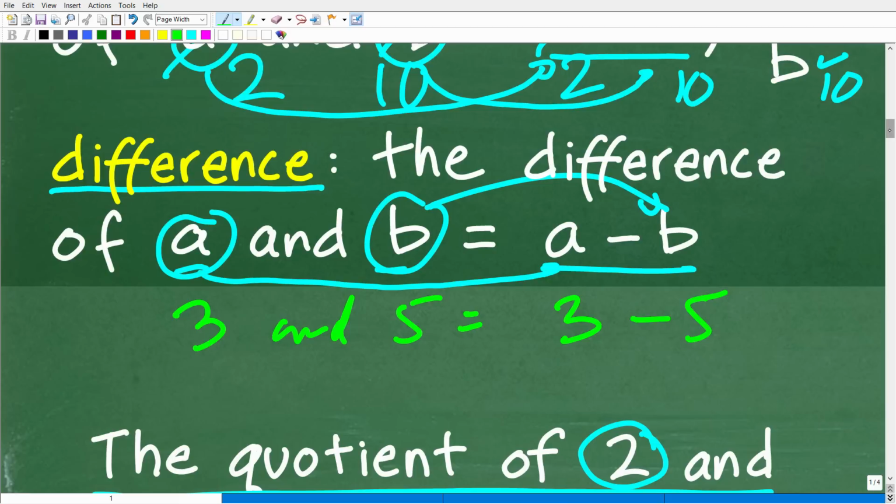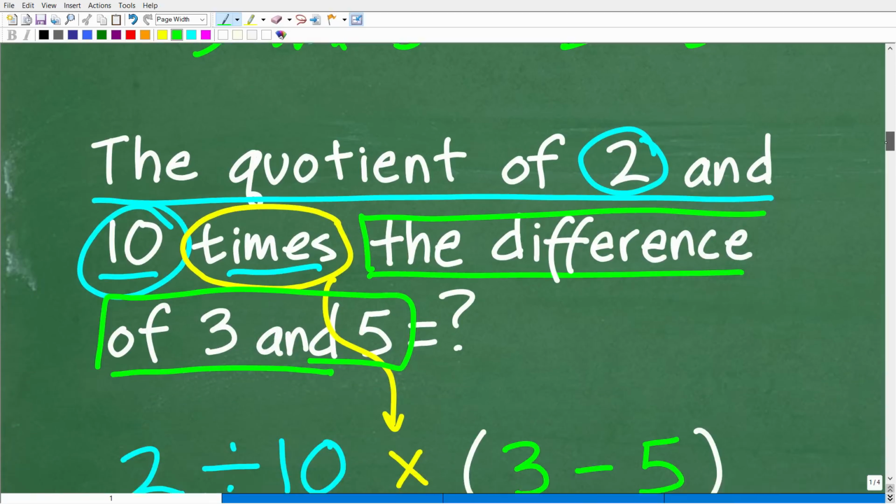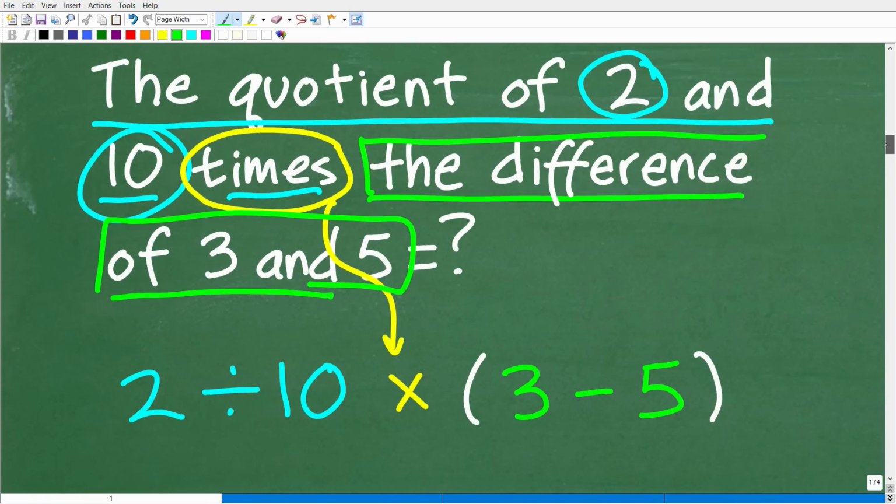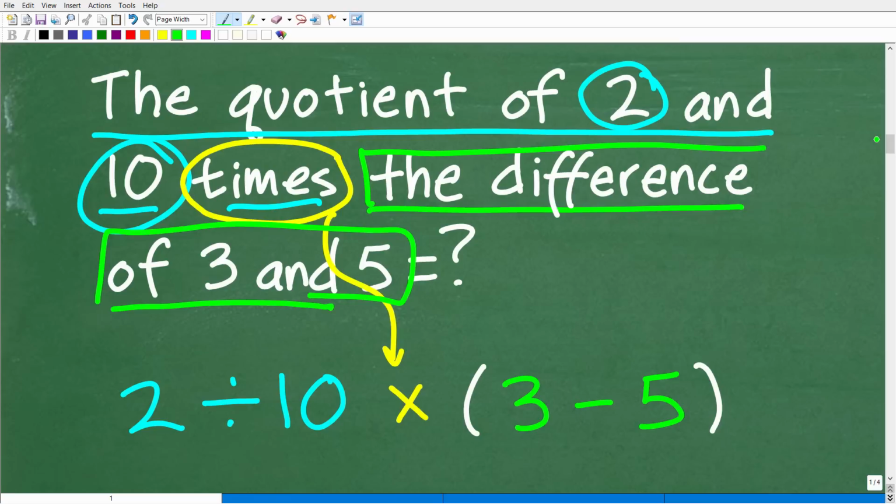But here is something that is not implied in these definitions, and that is the following. Anytime you have a sum or difference in math, you want to use grouping symbols. In other words, you want to put these in parentheses. You want to surround that group. This isn't explicit in this particular problem, but it is a practice that you need to understand not only in arithmetic, but in algebra as well.